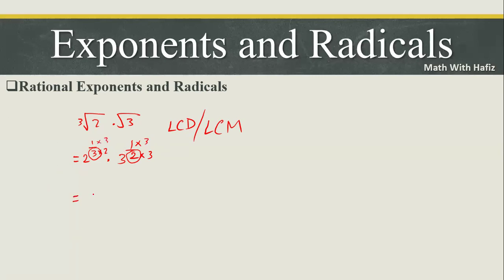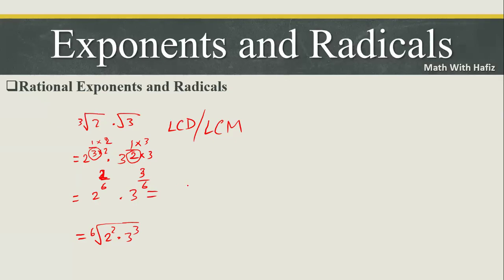So it will be 2 over 6 and 3 over 6. It looks dirty, I know. So now we have the same power in the denominator. So we can say it is sixth root of 2 squared and 3 cubed, right?